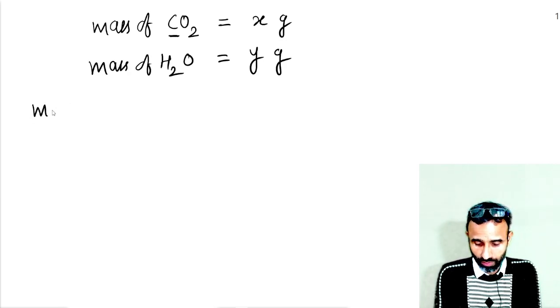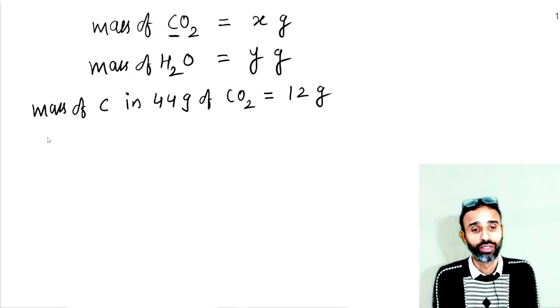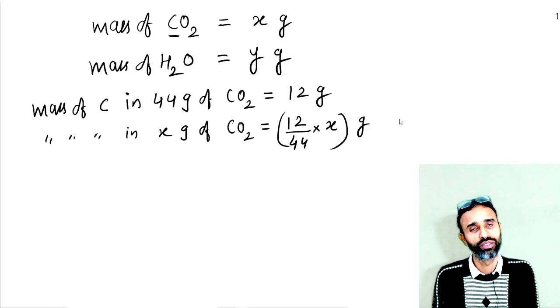So that means the mass of carbon in 44 gram of CO2 is equal to 12 gram. So the mass of carbon in x gram of CO2 is 12 by 44 into x. Let us make it general.